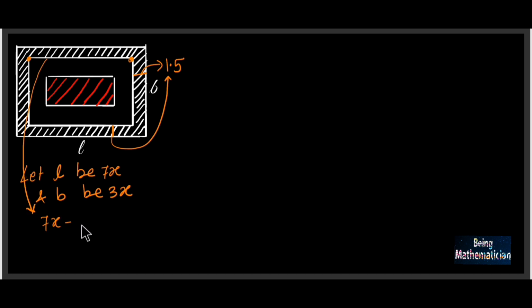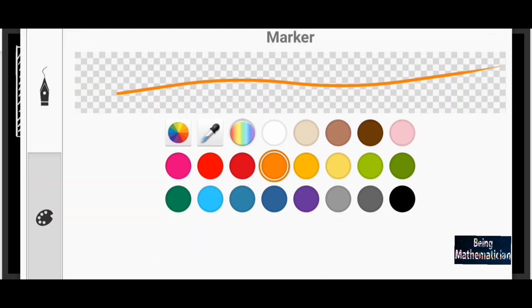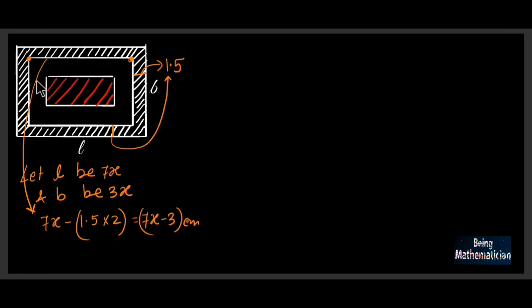7x minus 1.5 into 2, and it is 7x minus 3 centimeter, and we can find this width easily.